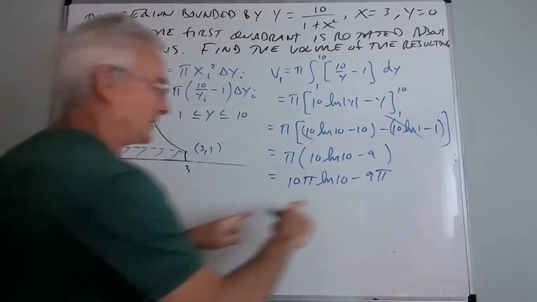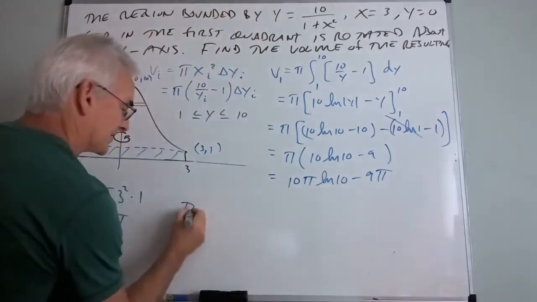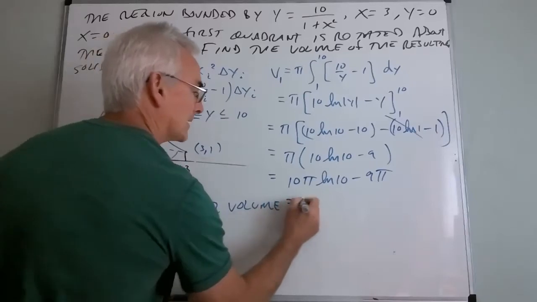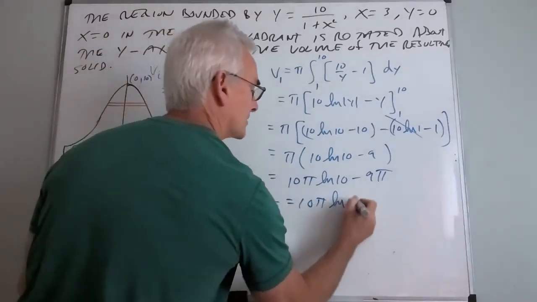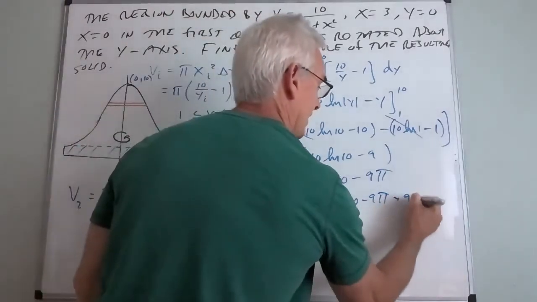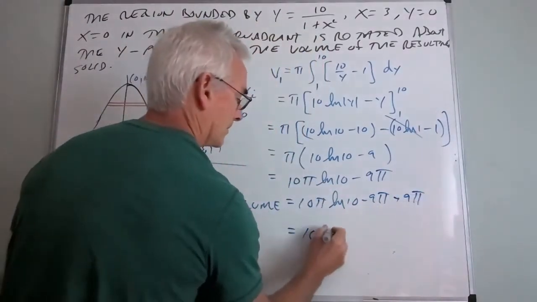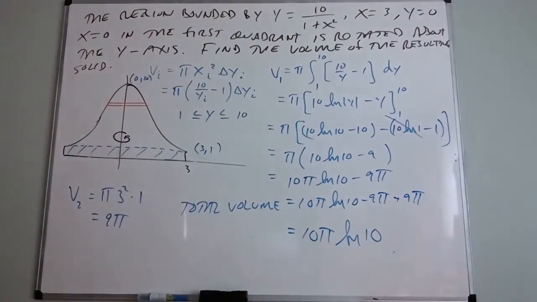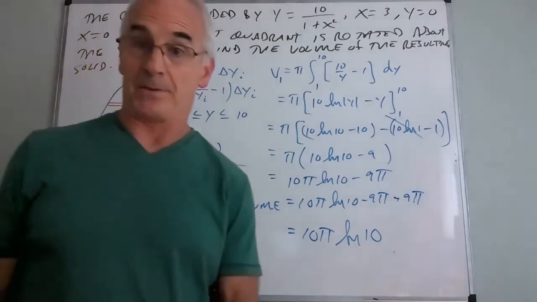I'm going to add this to this and then say then the total volume, how's that? Is 10 pi log 10 minus 9 pi. Oh, plus 9 pi. Big yikes, but we're there. 10 pi log 10. That is the answer to the problem. That's using the disk method.